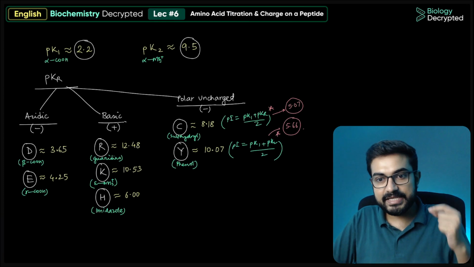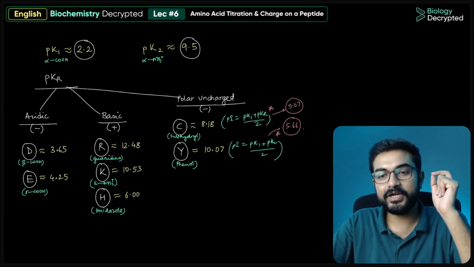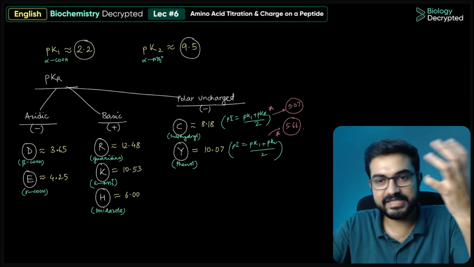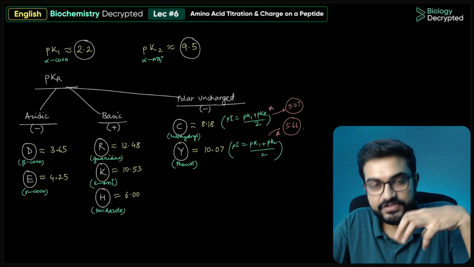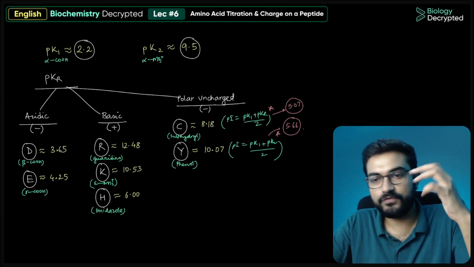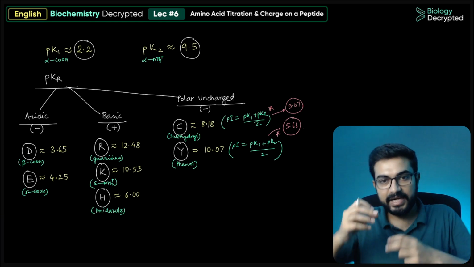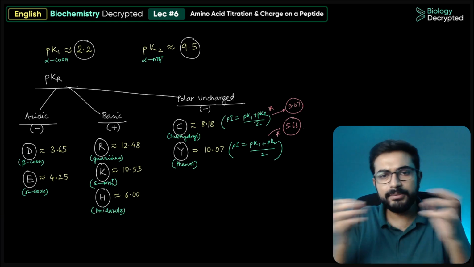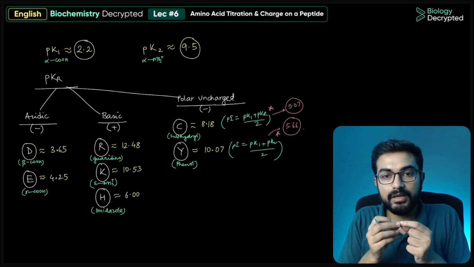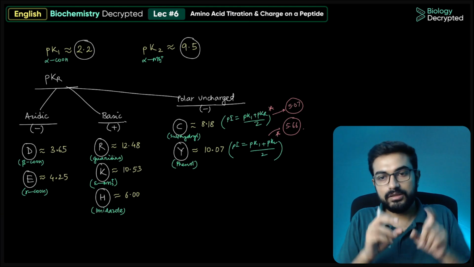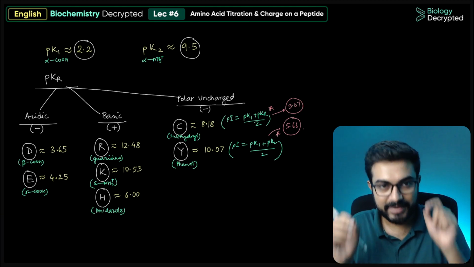Now, there is an important concept: calculation of charge. You have already seen the concept of calculation of charge. We will now talk about calculation of charge on peptides. What are peptides? Peptides are polymers of amino acids. When amino acids get joined together by peptide bonds, the structures formed are called peptides.